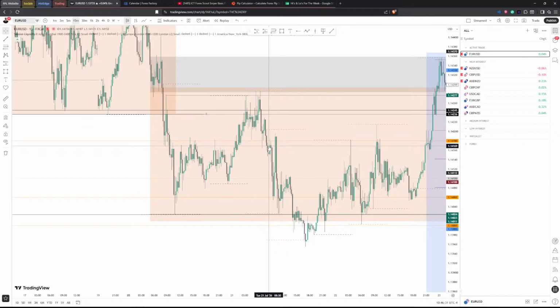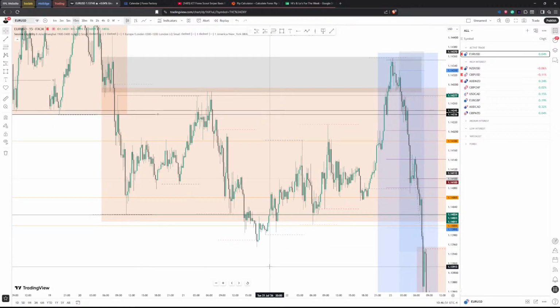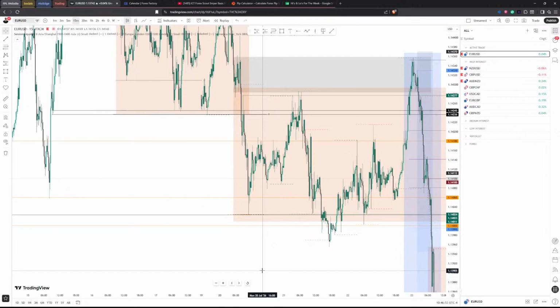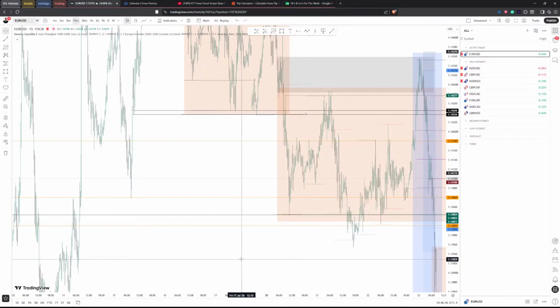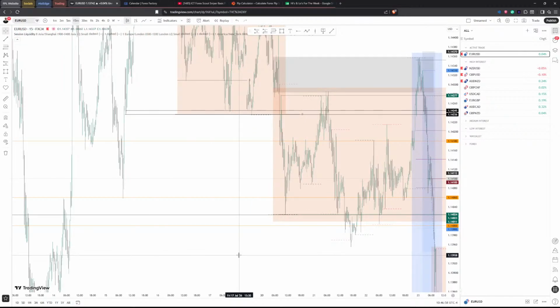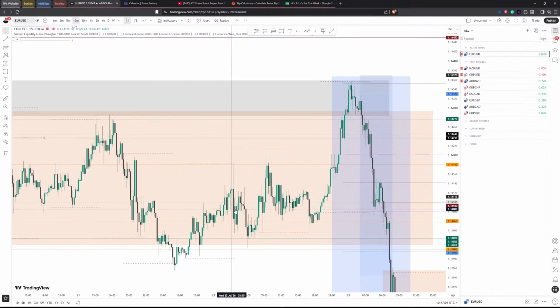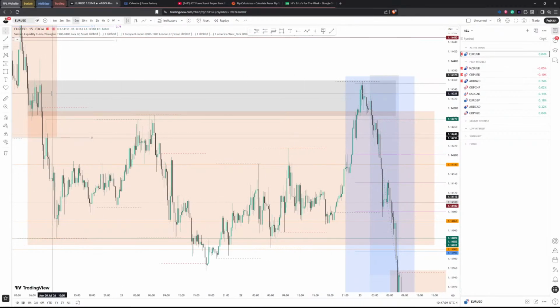And then price continues to 1.395 level, sweeping the 1.14. Then we steadily move up into the order block that we retested earlier.